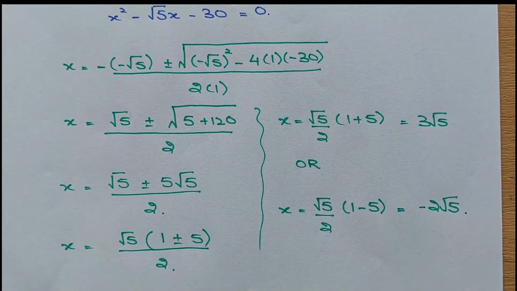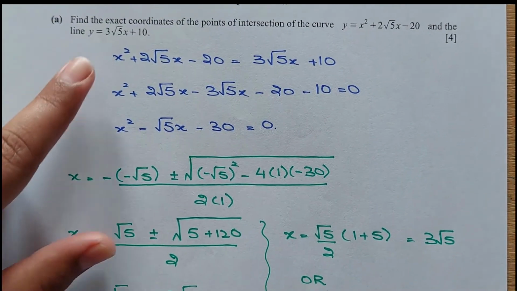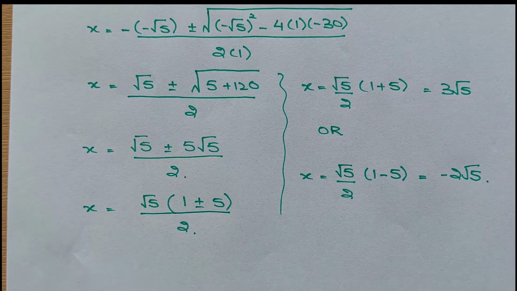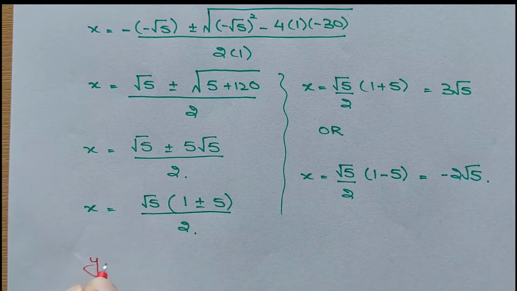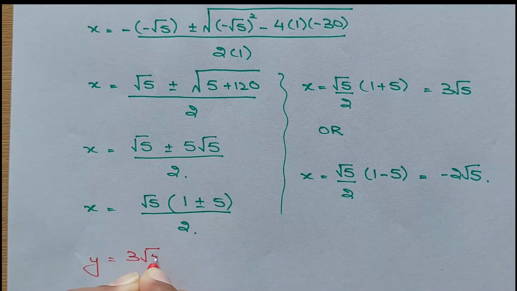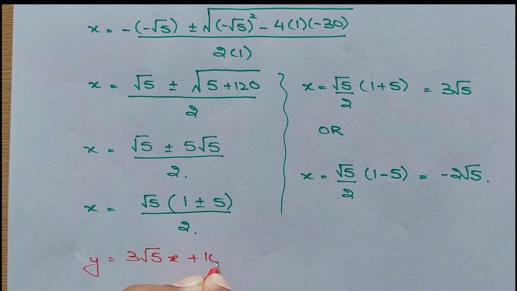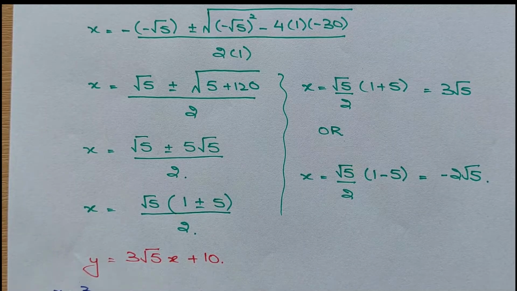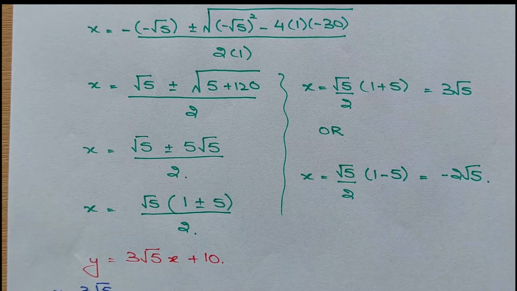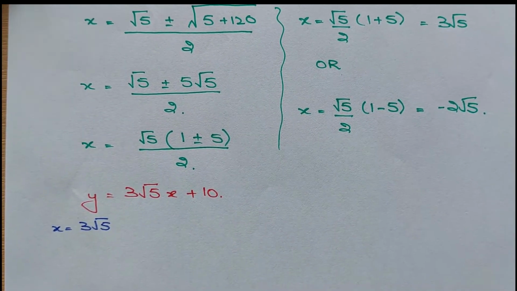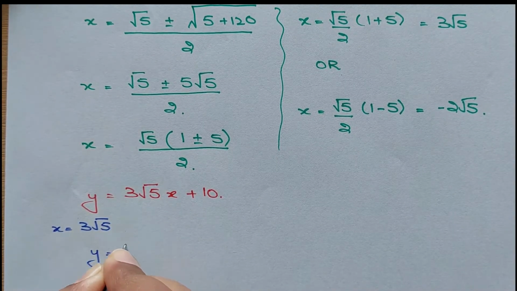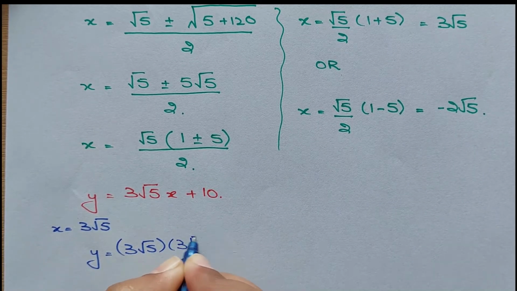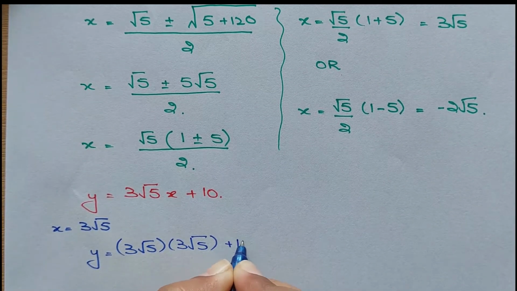We can substitute both one by one into the equation of the line we have been given to get the y values, right? So the equation of the line is y equals 3 square root of 5 x plus 10, right? So when x is equal to 3 square root of 5, let me substitute the first value. y is going to be 3 square root of 5 times 3 square root of 5 plus 10.